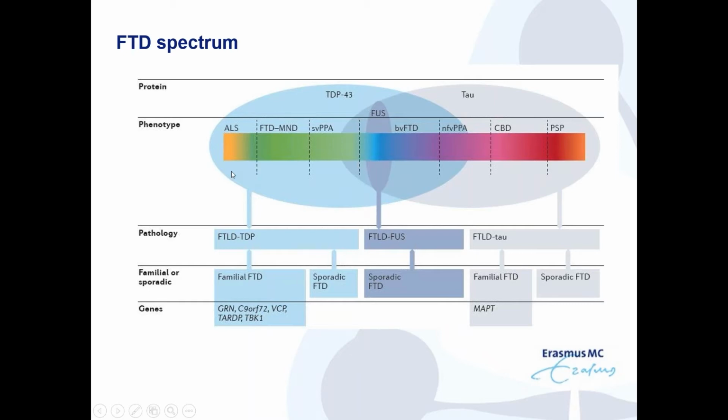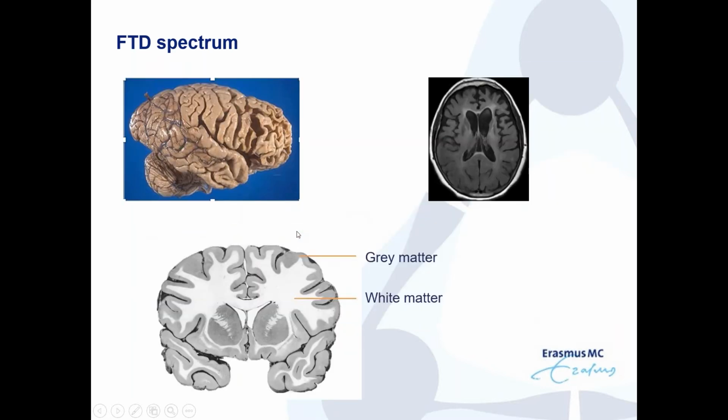Well, we all know FTD is a very heterogeneous disorder, both with regards to the clinical phenotypes as well as the pathological substrates. The central element of the disease is that there is degeneration of mainly the frontal and temporal parts of the brain.